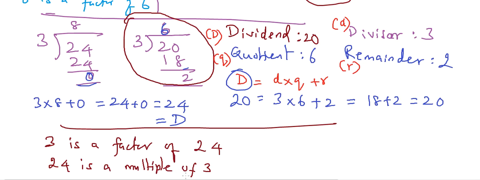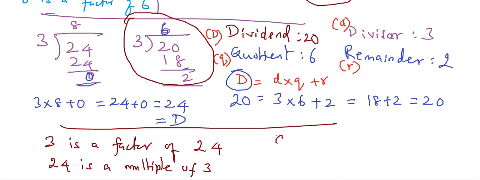That means, multiple means you multiply. So how many times? Say 3 into 8, we multiply by 8. That means 8 times 3 is 24. So therefore 24 is a multiple of 3.